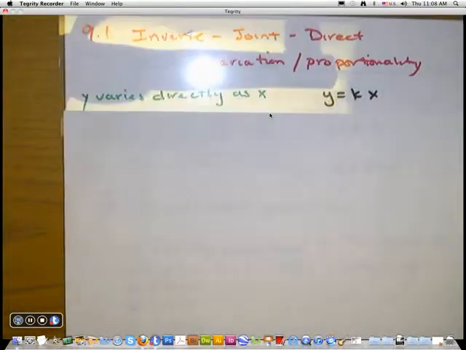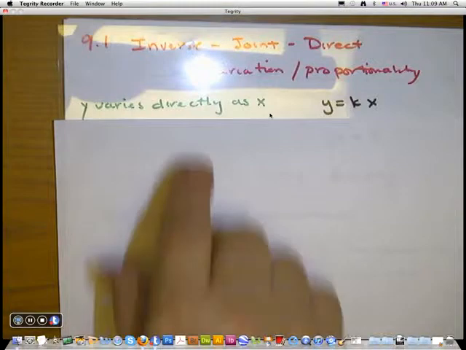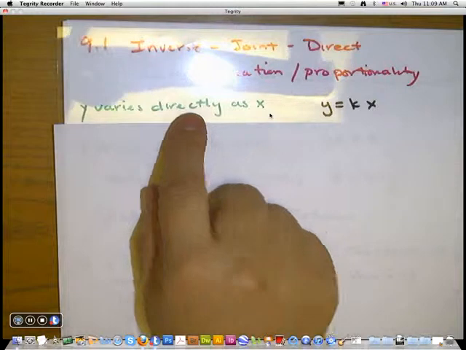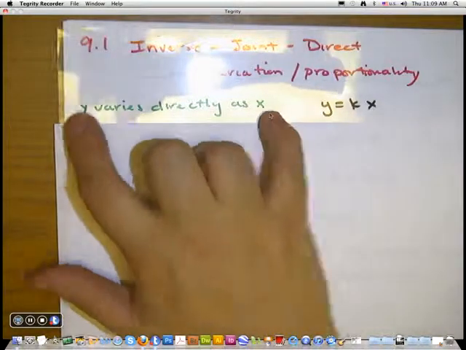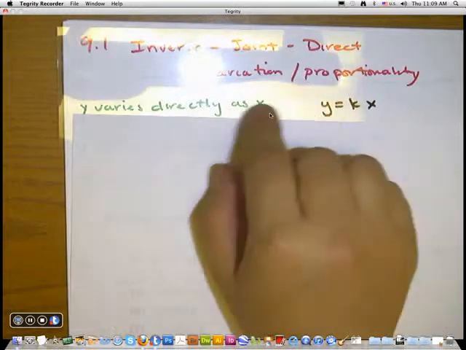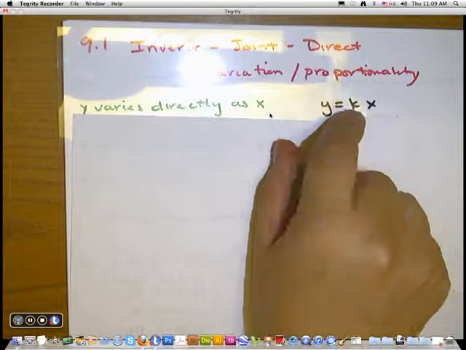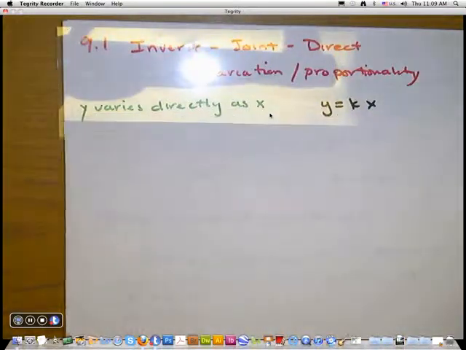When something varies directly, in this case I'm going to say y varies directly as x, we get the formula y equals kx. What's important about this formula is that it's the word direct, and that the 2 pieces, whichever one I read first is the one that's going to go first, and whichever one I read second is going to go on the other side with this k, which is a constant.